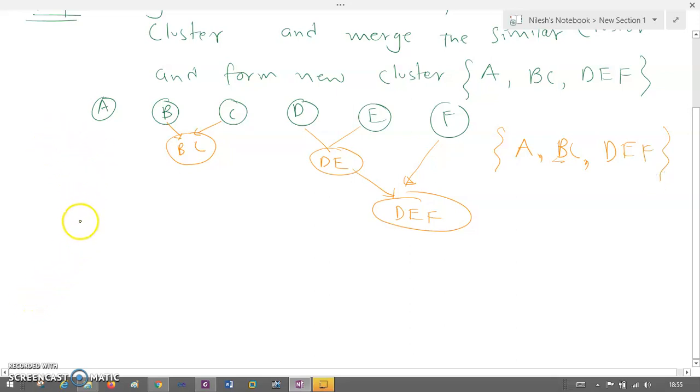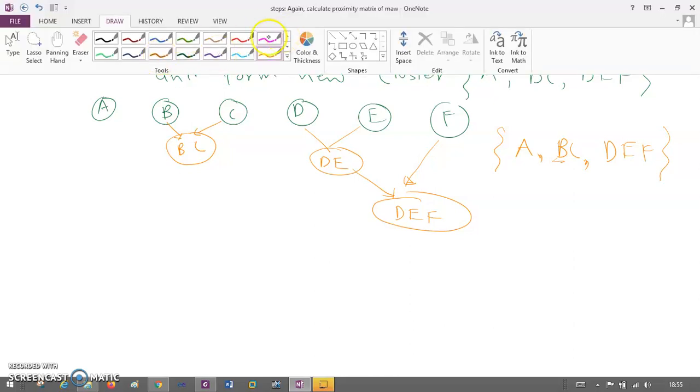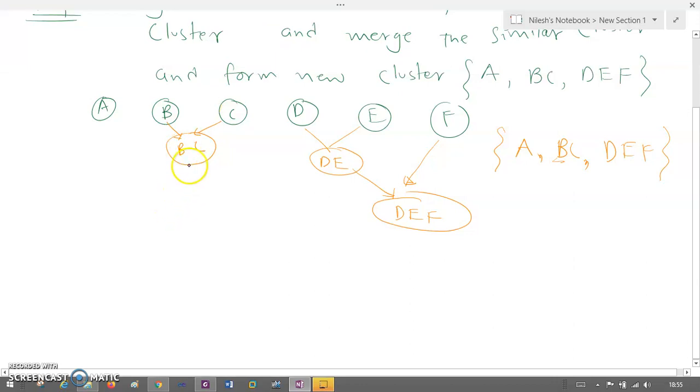Now the next thing I'm going to do is join my BC to this DEF. This is step 4. I'm writing step 4 here in a new color so that you understand that I'm providing step 4 here. Okay, so this is my BC and I'm joining it with DE.